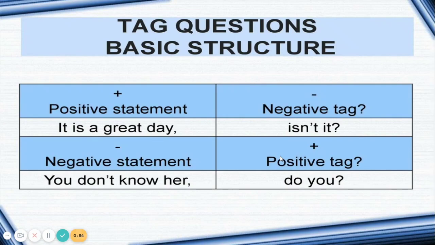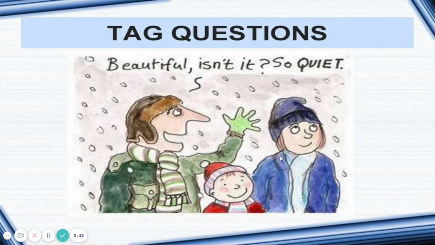So a positive statement will not add n't, that is not. In a negative statement we will add n't along with the verb. Then, yes, tag question, you can see it. Beautiful, isn't it? Here the question isn't it is a negative tag for a positive statement.